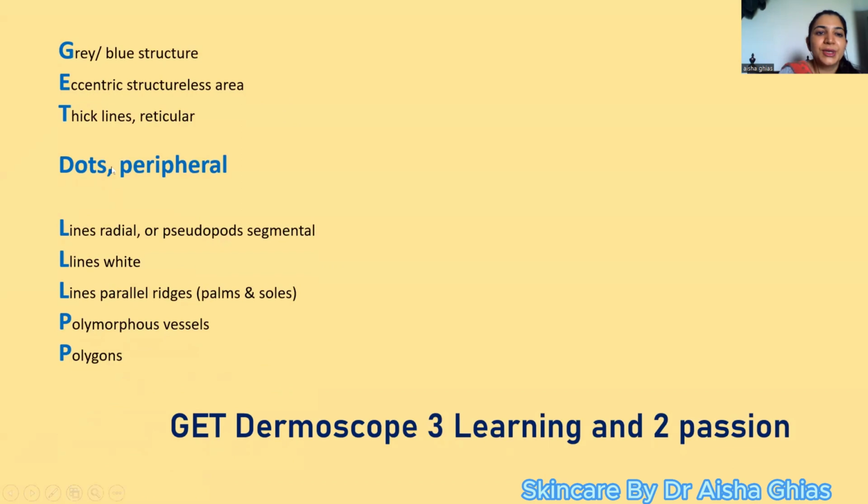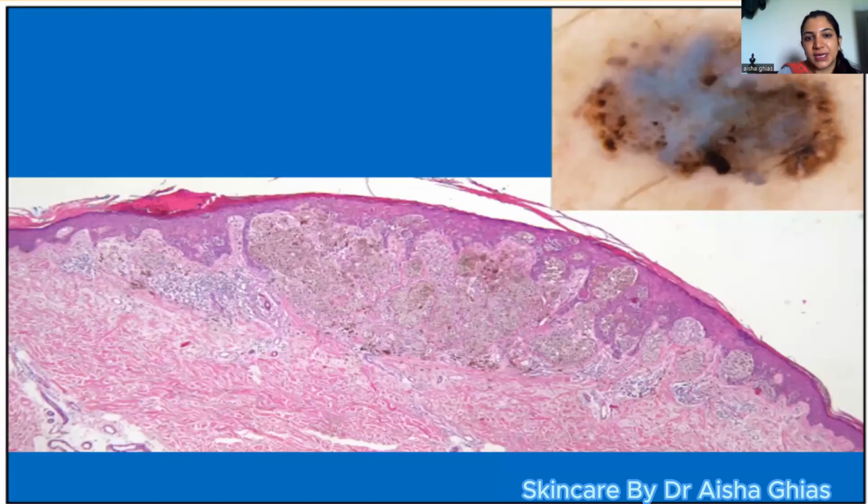The fourth clue is dots peripheral. You see dots in nevi as well, but these dots might be distributed throughout the periphery of the lesion or they may be in the center of the lesion. But if the dots are peripheral and not symmetrical, the lesion is chaotic and it gives you a basic clue, so you really should biopsy that lesion.